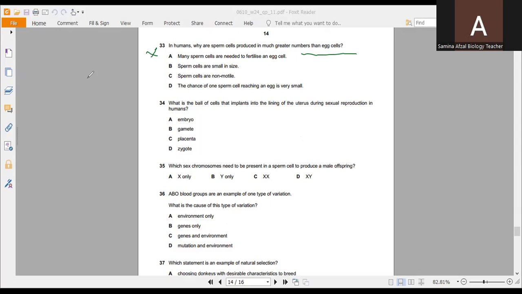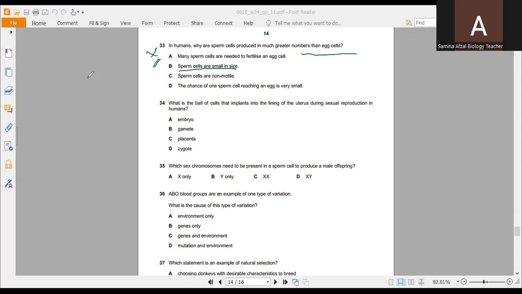Sperm cells are small in size. No doubt they are small in size, but this is not the reason that they are needed in greater number.